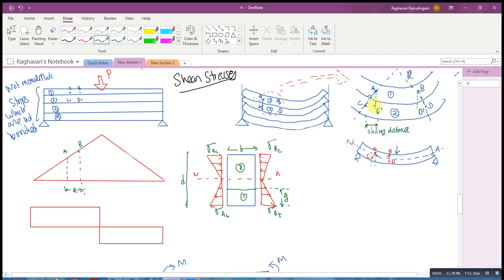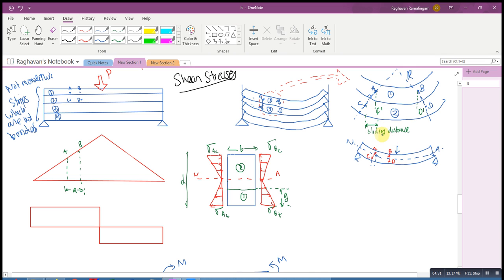But now since it is not bonded, instead of being here, the point C still lies right below A. Instead of moving this way as the curvature of the beam is increasing, it is still going to lie on the same point, because C and A are not bonded to each other.